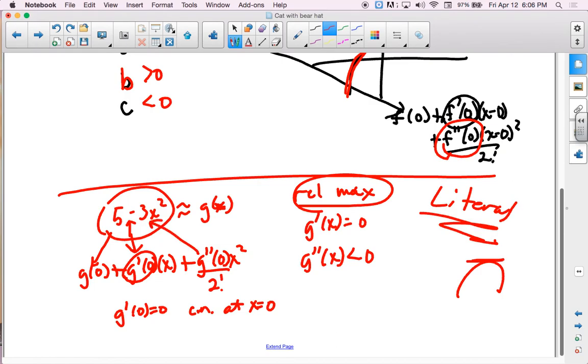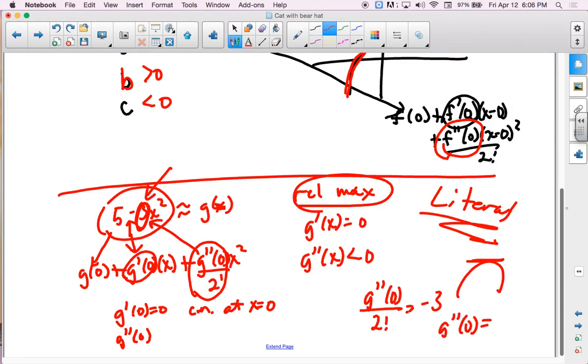From our second term, I know g double prime of 0. By the way, it's not 3. We've got to look at how that's created. g double prime of 0 over 2 factorial came out to be negative 3, so g double prime of 0 is equal to negative 6. But anyway, it's less than 0, so we know our graph is concave down at x equals 0. And so yes, there is a relative max.